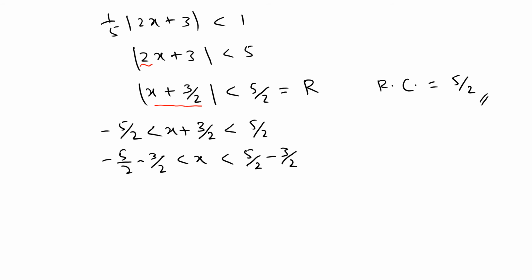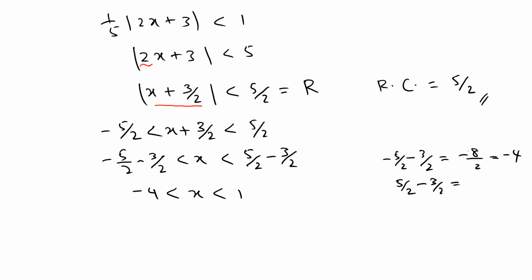If you simplify, you get negative 4 on one side and 1 on the other. When you have negative 5 halves minus 3 halves, you can see the same bottom, so the top is simply negative 8 over 2, which is negative 4. The other one is 5 halves minus 3 halves, so the top is 2 over 2, which is 1.